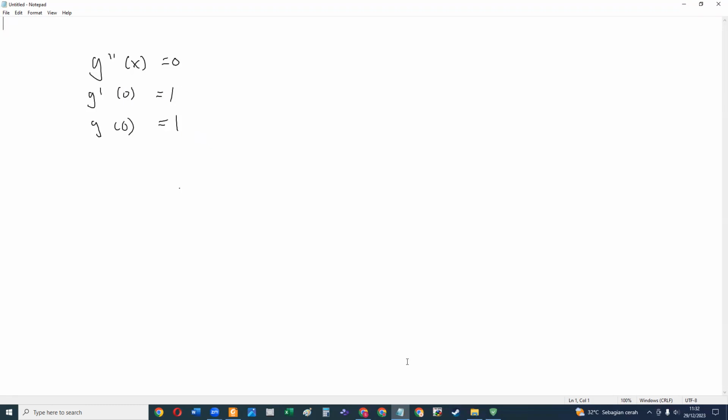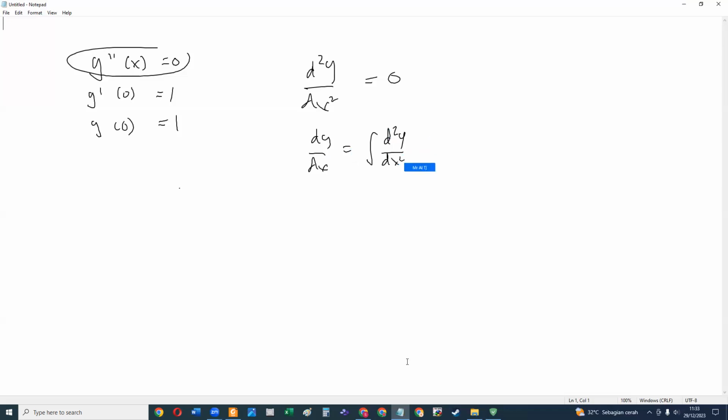Okay, now let's start with this one here. We know that the second derivative is 0. If we have only the derivative, the clear way to get the original function is to integrate. So if we have d square y dx square equals 0, it means we can find dy dx as the integration of d square y dx square dx.